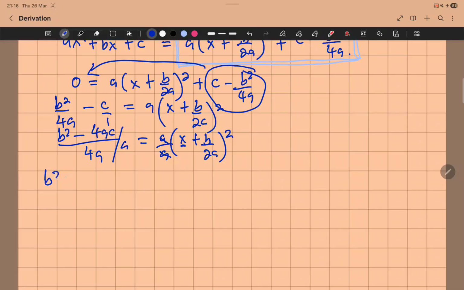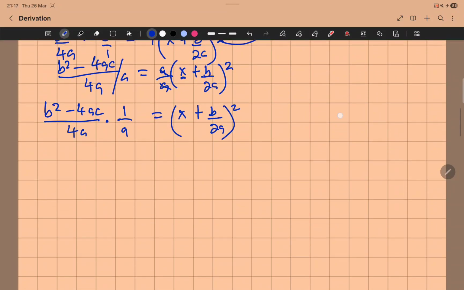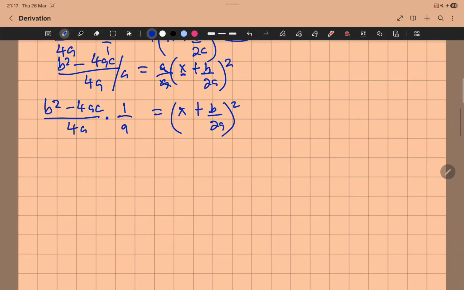So that means b squared minus 4ac over 4a divided by a. Division becomes multiplication by 1 over a, equal to (x plus b over 2a) squared. This then becomes b squared minus 4ac over 4a squared equal to (x plus b over 2a) squared.